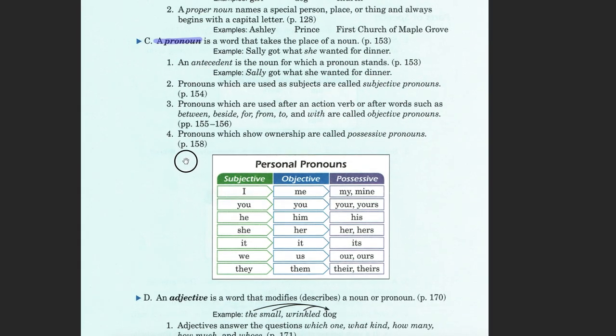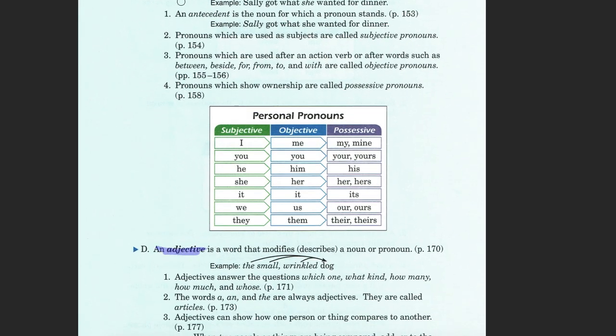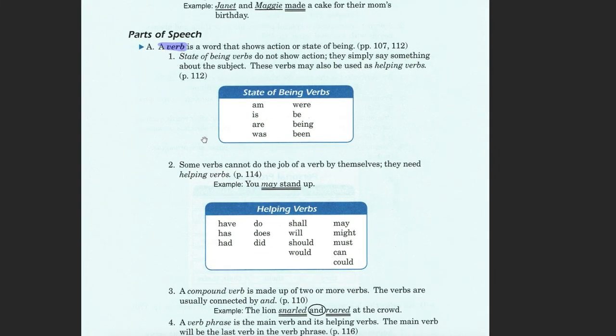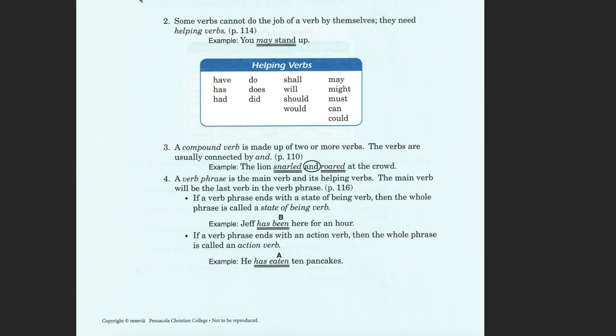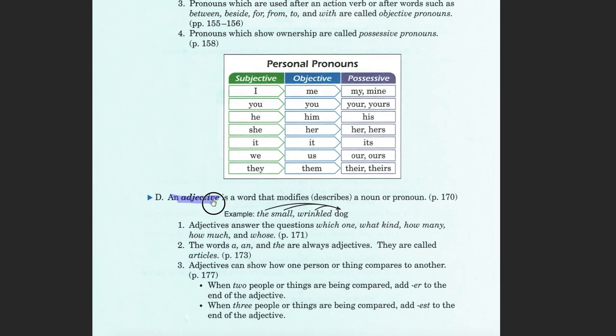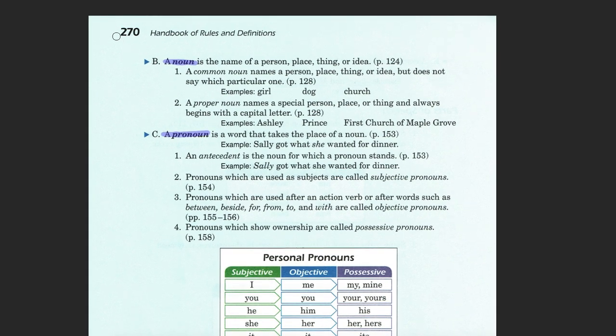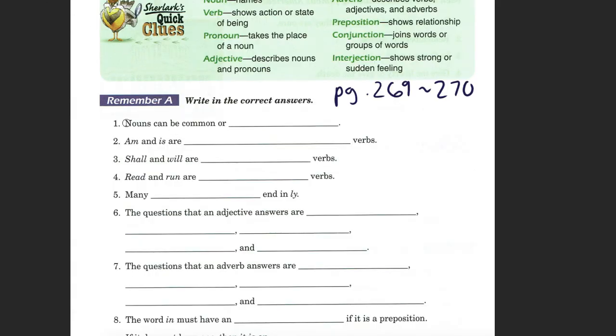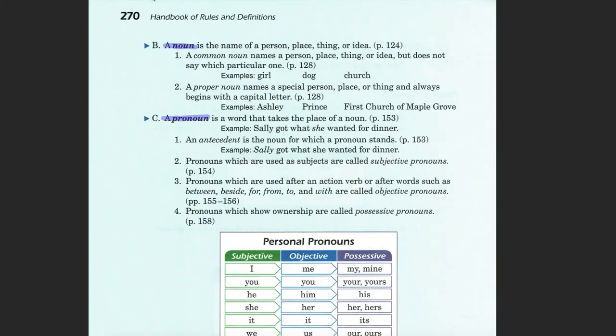The parts of speech, there's the letter next to them. This one starts here on this page. So this is a verb. The next one is a noun, and pronoun, adjective. So it's asking you about nouns. So a good place to look up is nouns on page 270.